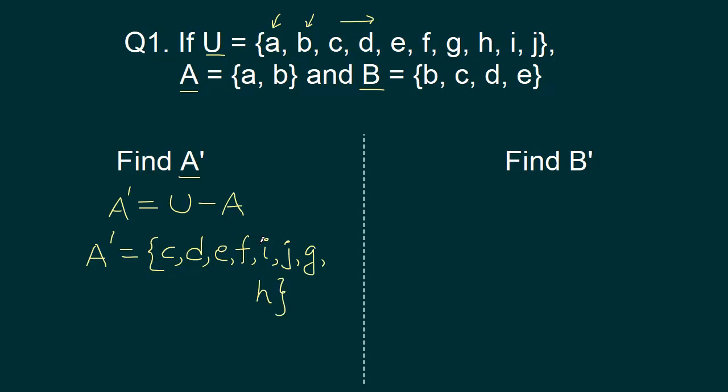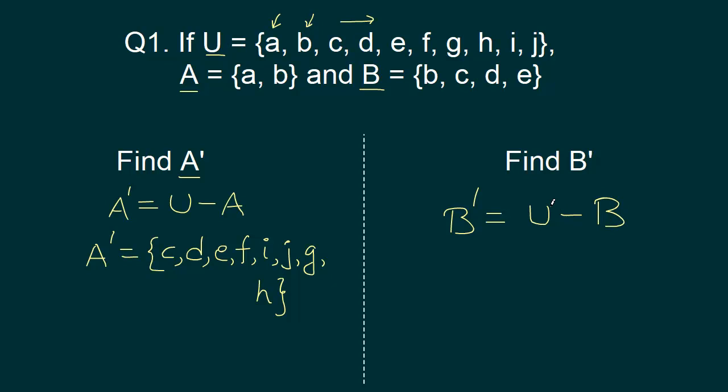We know that in sets the order of the elements doesn't matter. So this will be A complement. Similarly, B complement, B dash, will be the universal set minus B.